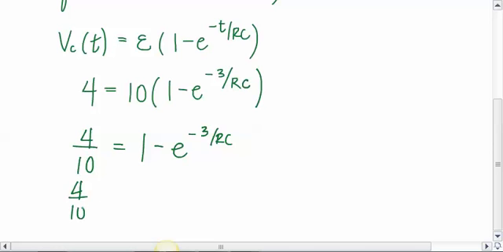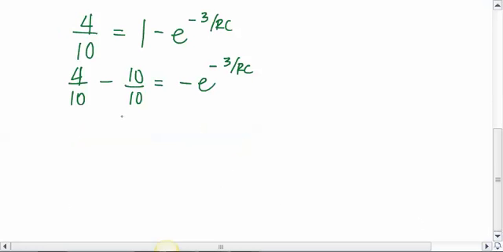So 4 tenths minus 10 tenths, how about that? Is equal to negative e to the negative 3 over RC. So what's that? Negative 6 tenths is equal to negative e to the negative 3 over RC.